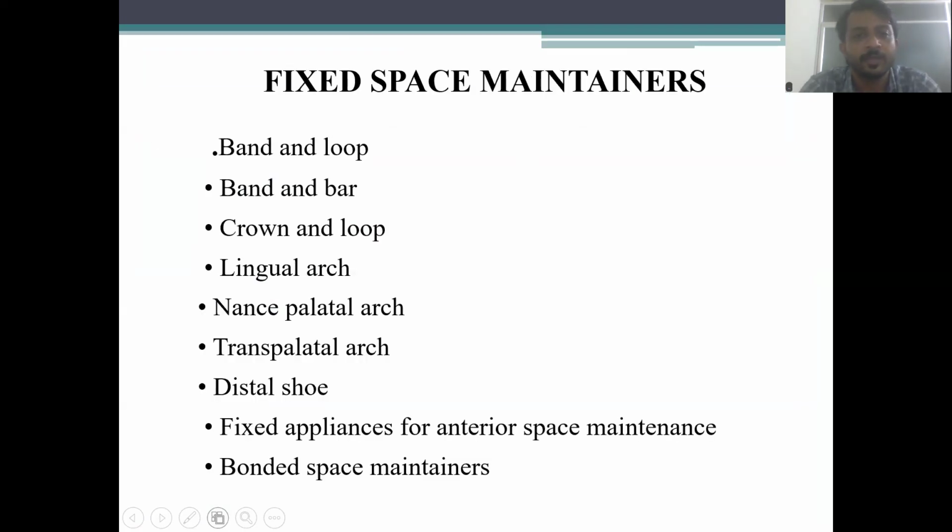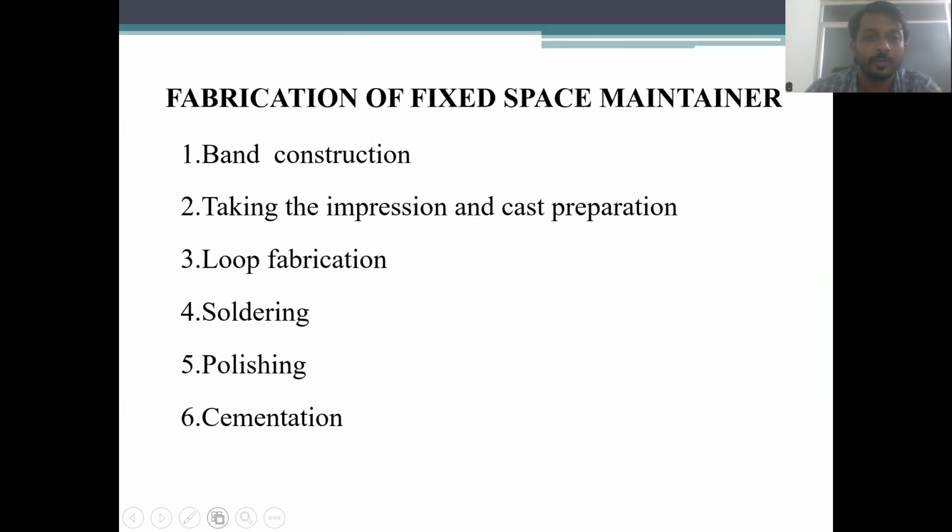So various fixed space maintainers are band and loop, band and bar, crown and loop, lingual arch, transpalatal arch, distal shoe, fixed appliance for anterior space maintenance, and bonded space maintainers. The fabrication of fixed space maintainers involves band construction, taking the impression and cast preparation, loop fabrication, soldering, polishing, and cementation.